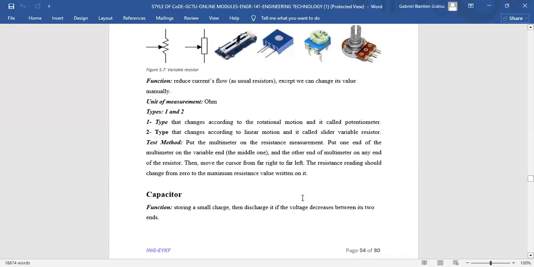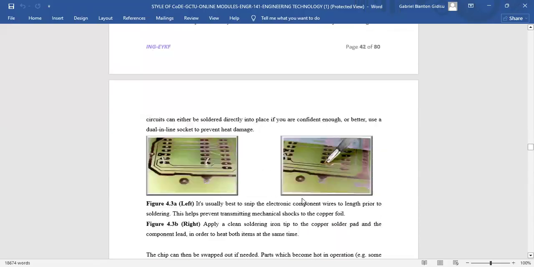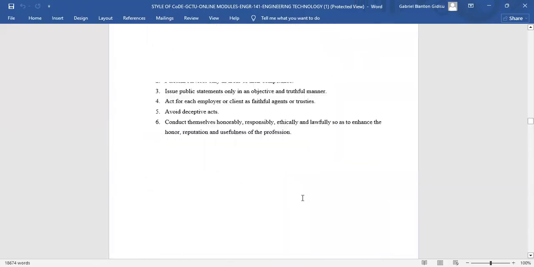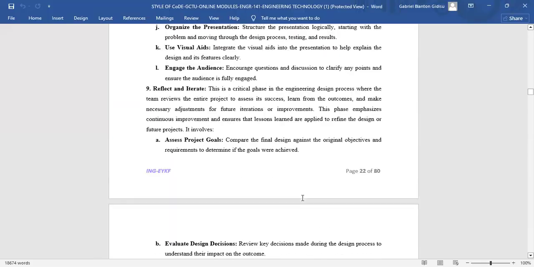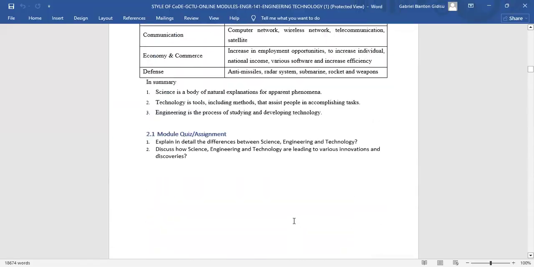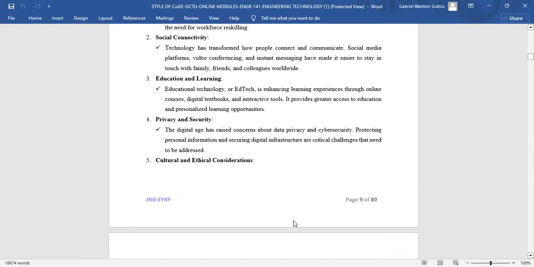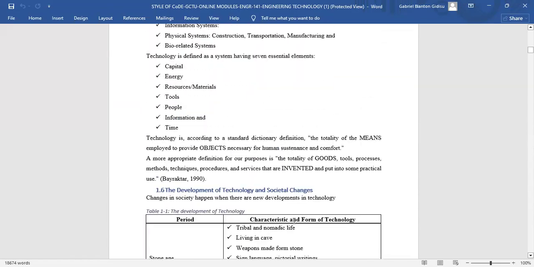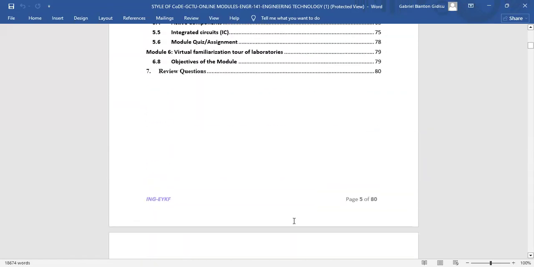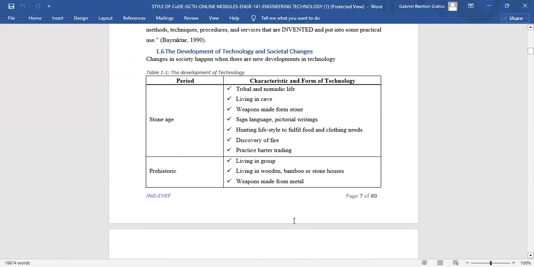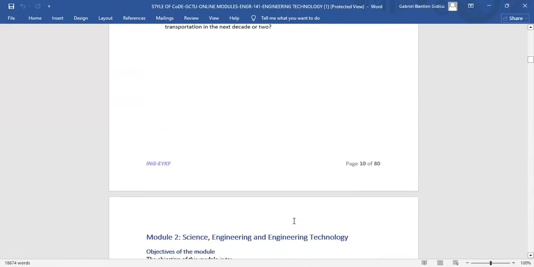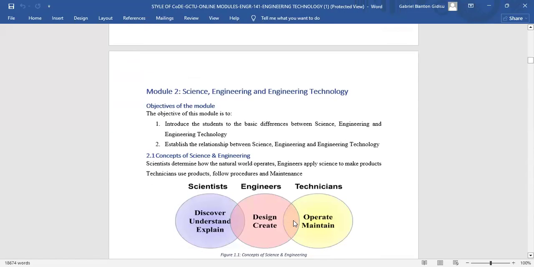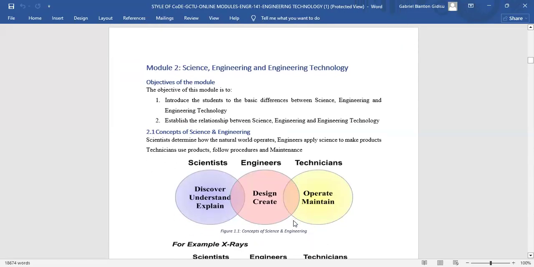So now we are moving to the second module.